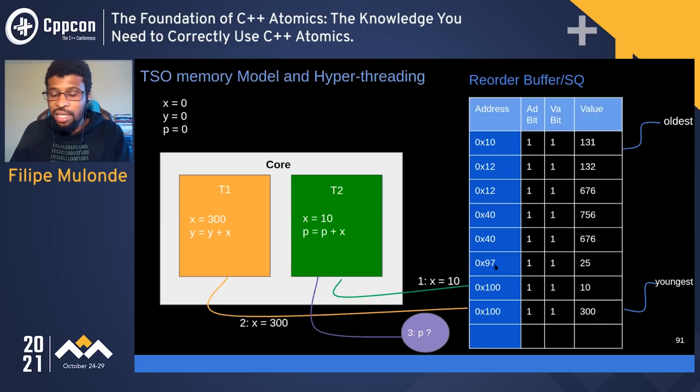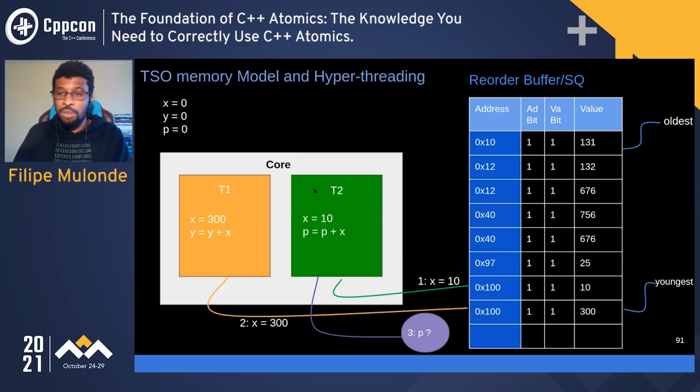Should the thread get the value of x from the youngest entry in the reorder buffer that was written by thread number 1, or should the second thread get the value of x from the entry that thread number 2 allocated? In other words, what's the value of p? Should the value of p be 10 or 300?